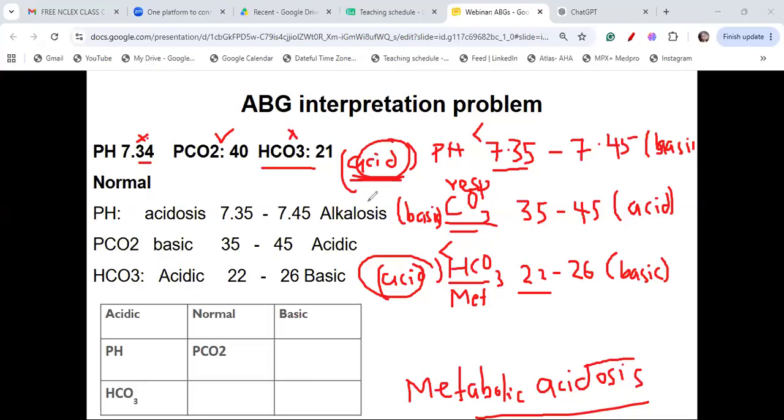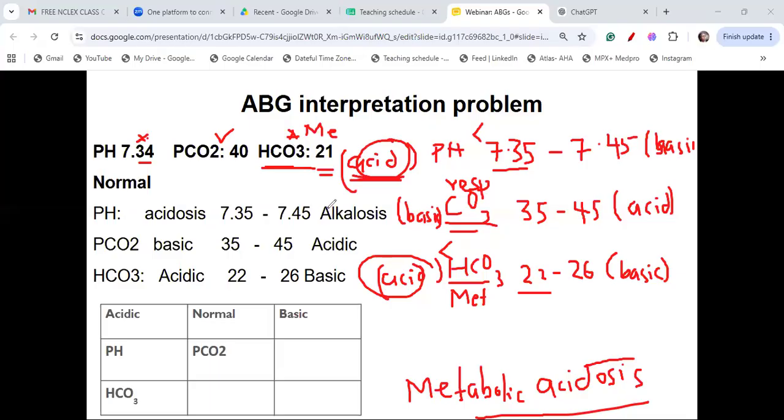So whatever is matching your pH is the problem. In this case, whatever was abnormal was 21, and it was bicarbonate. So bicarbonates are the problem, and this is metabolic. Remember, we started by defining some terms.